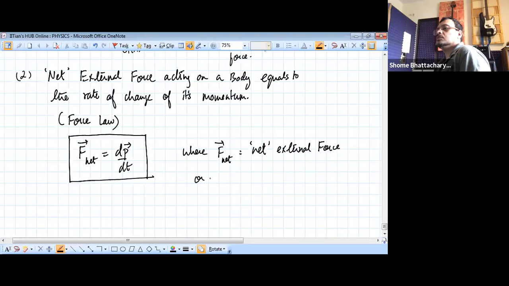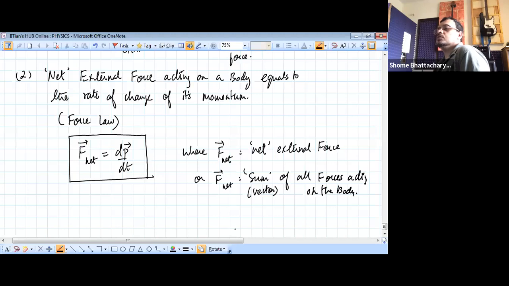In other words, that is the vector sum of all forces acting on the body.